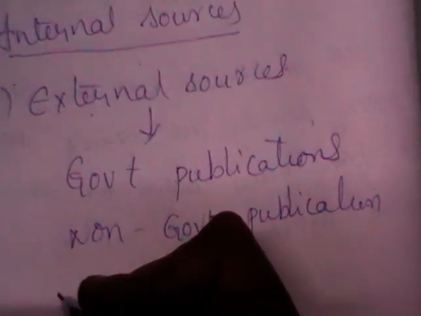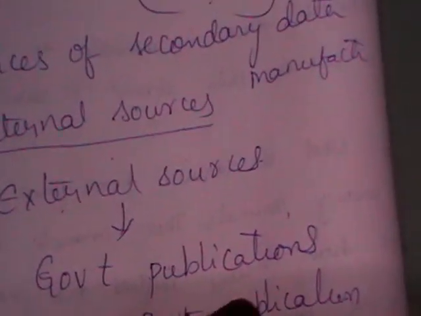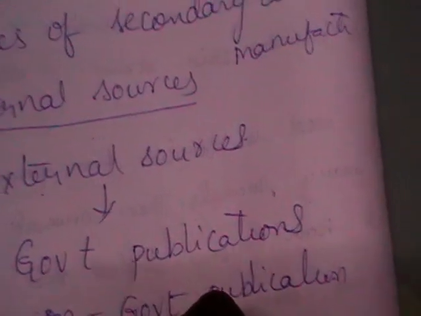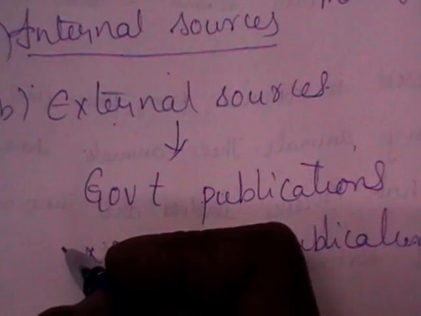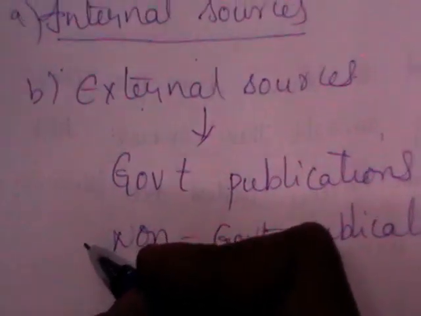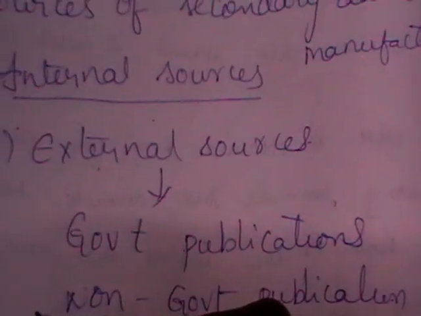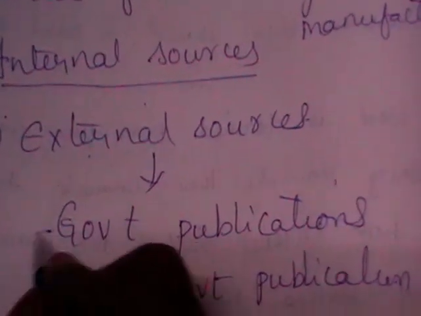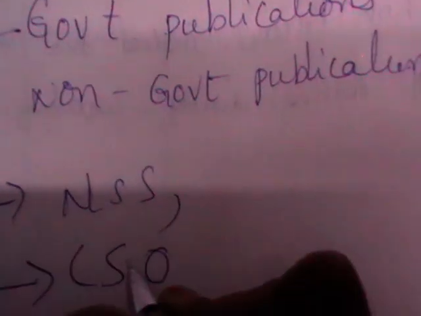Whatever data is released or maintained by government organizations, such as the statistics released on the Indian economy, the RBI bulletins, currency and finance reports, and the data available from the National Sample Survey Organization and CSO, the Central Statistical Organization.